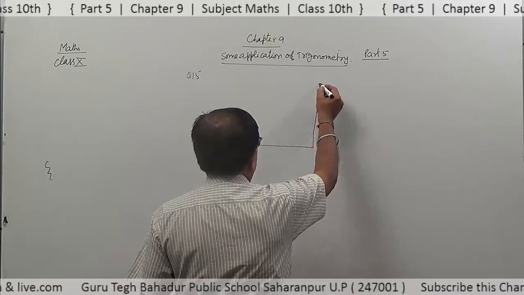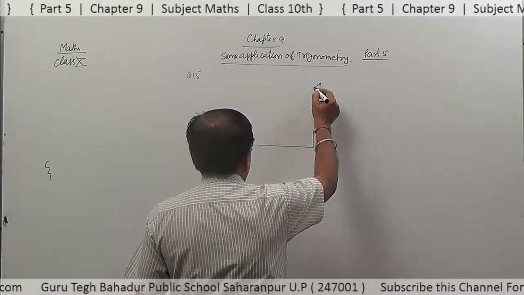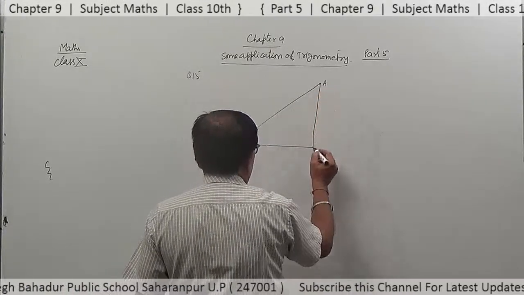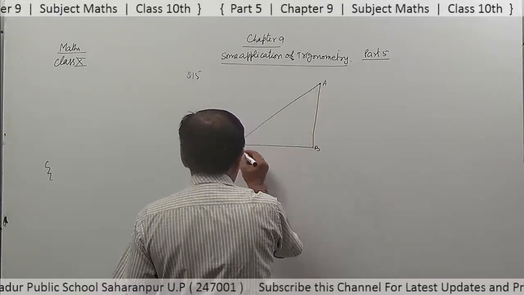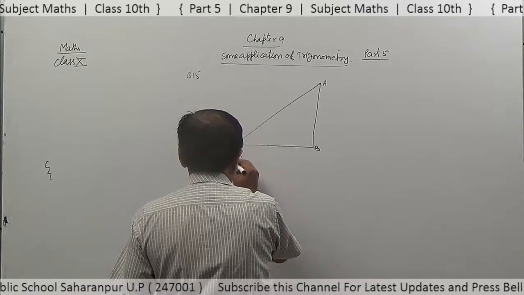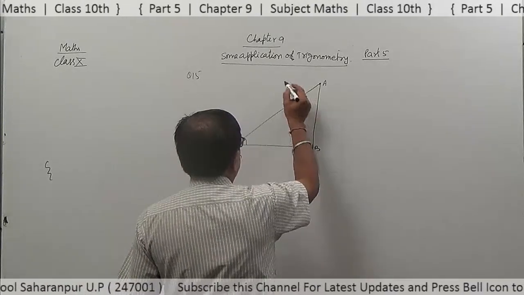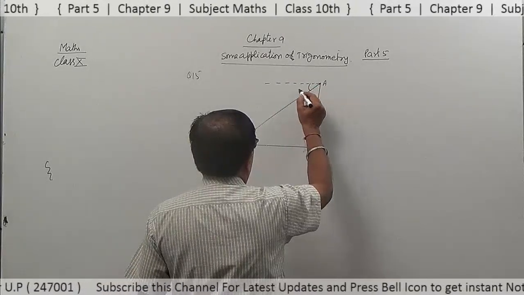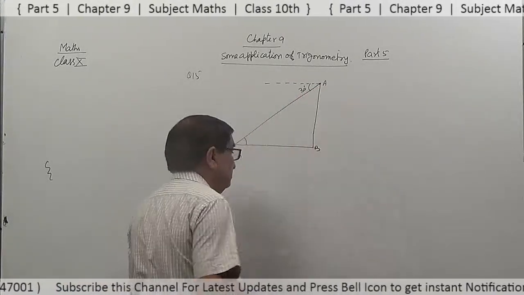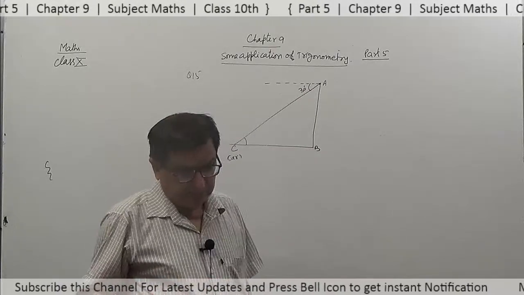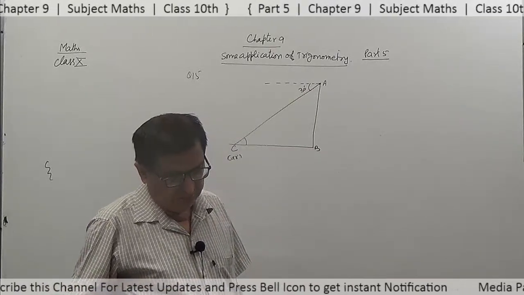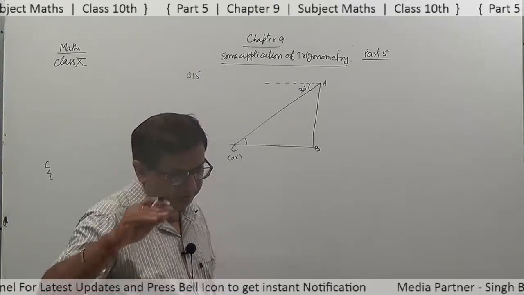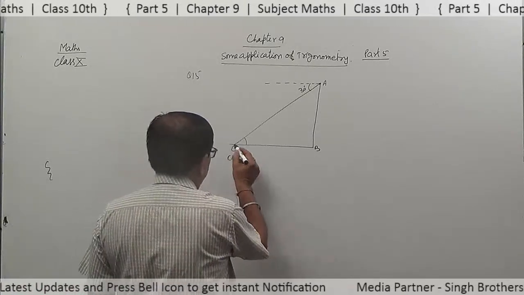From here we see this car; this is tower AB, this is the position of the car, and this is the angle of depression, that is 30 degrees, which approaches the foot of the tower with uniform speed.